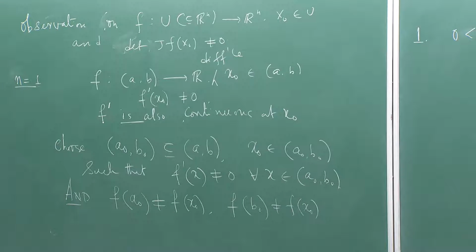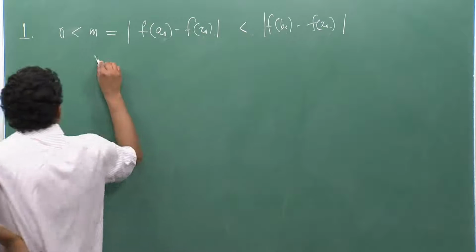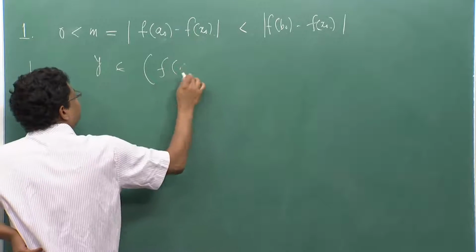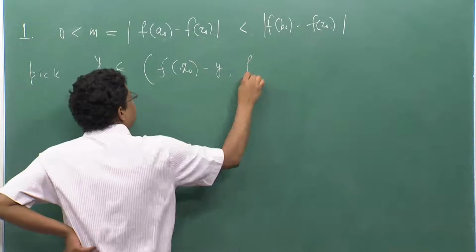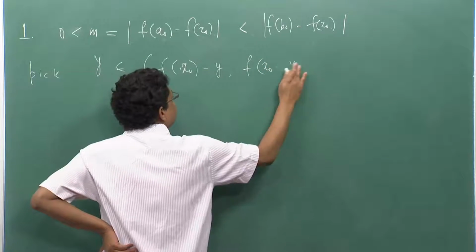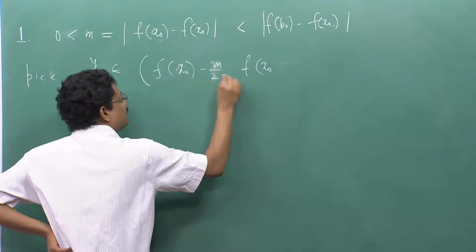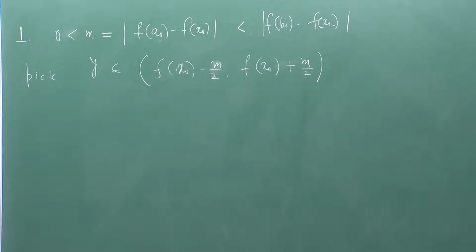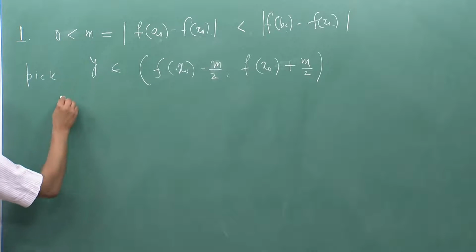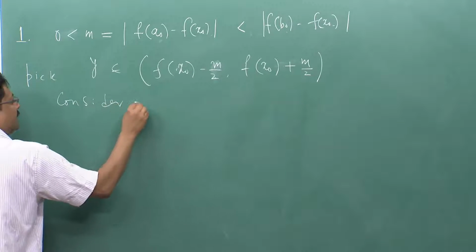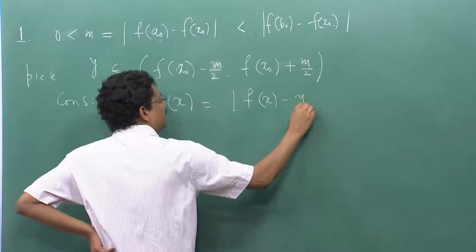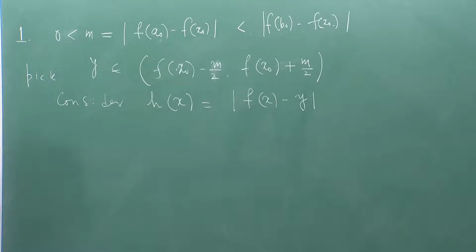Okay. So now what I do, I pick y in these intervals, even smaller than this, m by 2, and consider, pick any y and fix it, and consider the function h of x equal to f x minus y.